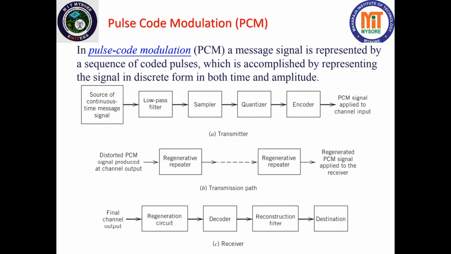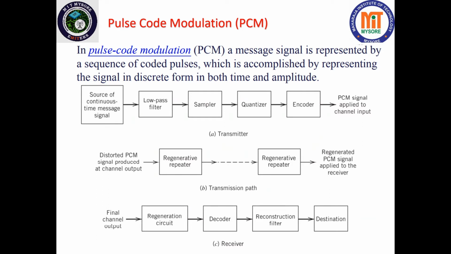To get back its strength, or to reshape the signal which has been distorted, we use regenerative repeaters at particular distances, and they regenerate the signal or restore the shape of the bit stream.